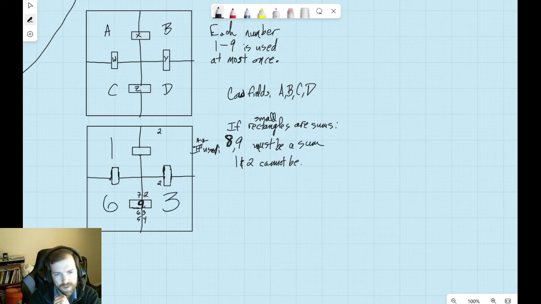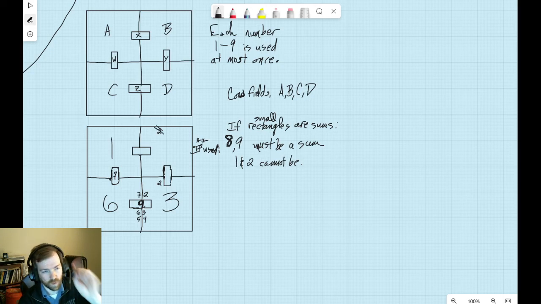Okay, so if we did 6-3 like that, then this would be 7. And we could use a 2? Can't use 2. Well, hang on. 2, if used, must be in a sum. So can we skip 2 altogether is really the question. Because there's one number that's not going to be in there.